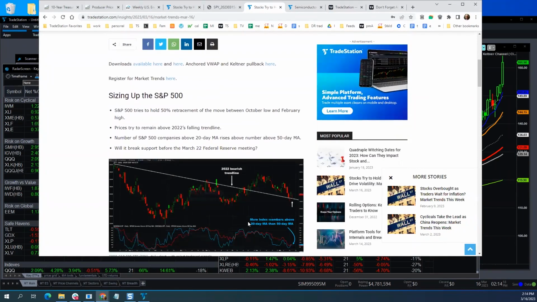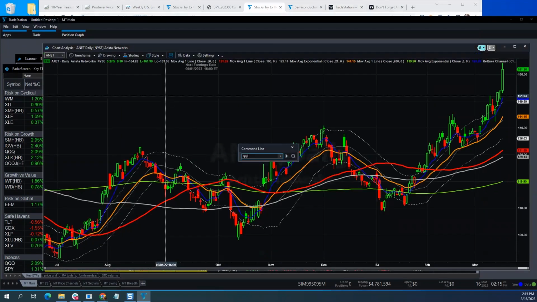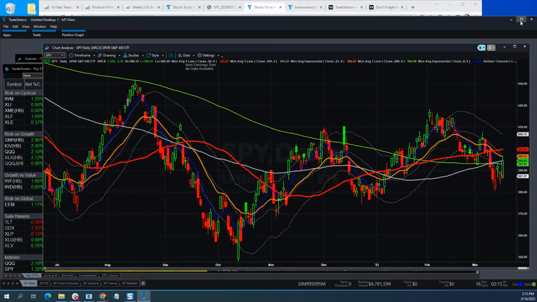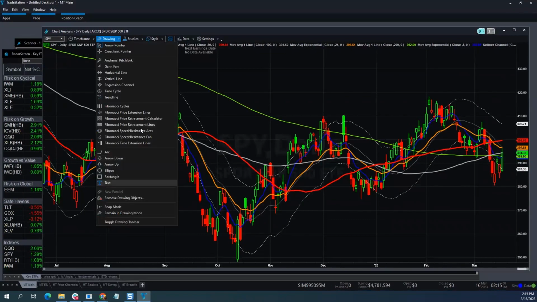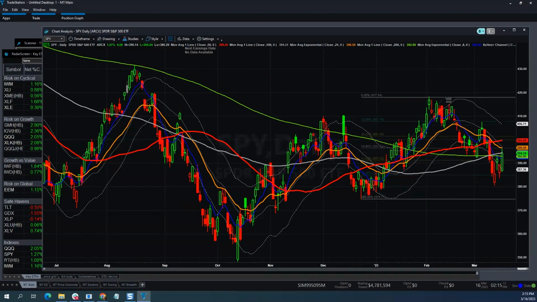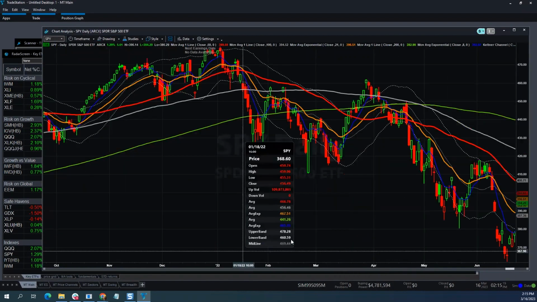All right, some other things. This was actually, I don't have it on this chart, but this is approximately this low. Let's take a look here at the SPY again. Let's just do a quick Fibonacci retracement here. Go Fibonacci price retracement lines. Let's look at this low here to here. I'm sorry, here to here.